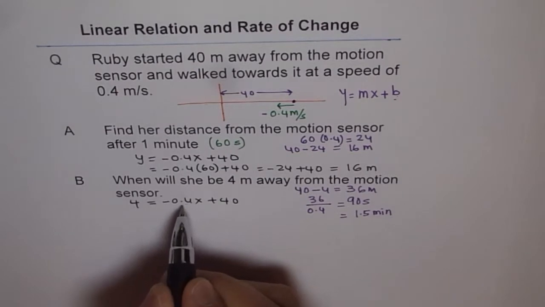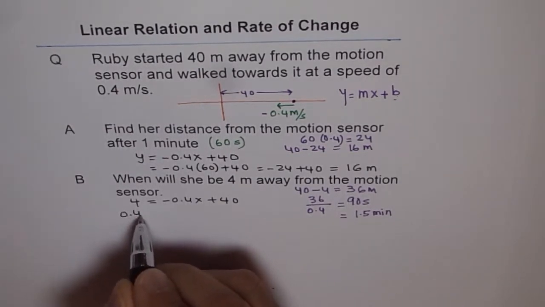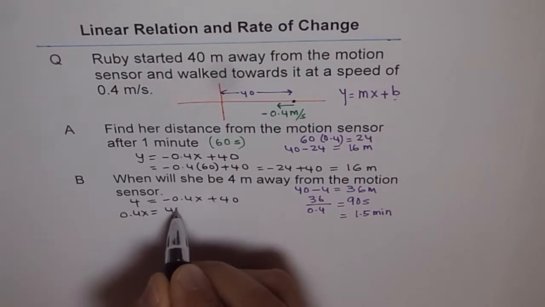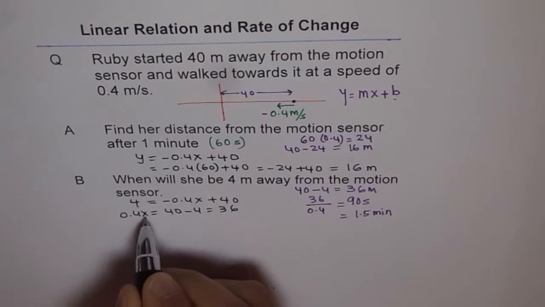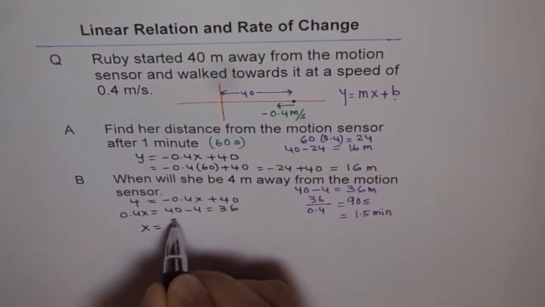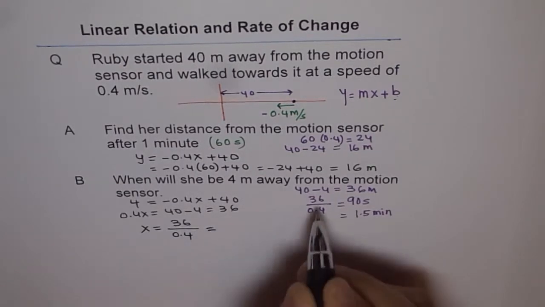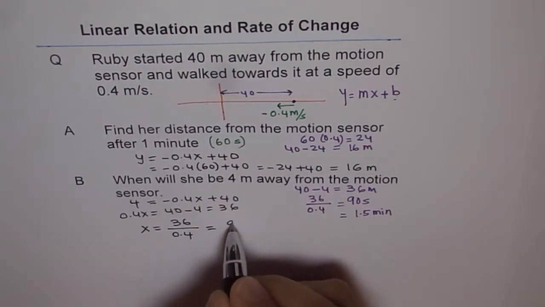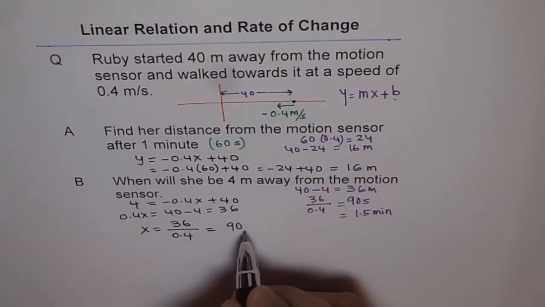So we'll bring this negative term to the other side, so 0.4x equals 40 minus 4, which is 36. And now we can solve for x. x is equal to 36 divided by 0.4, which is 90, right? And this unit is in seconds.